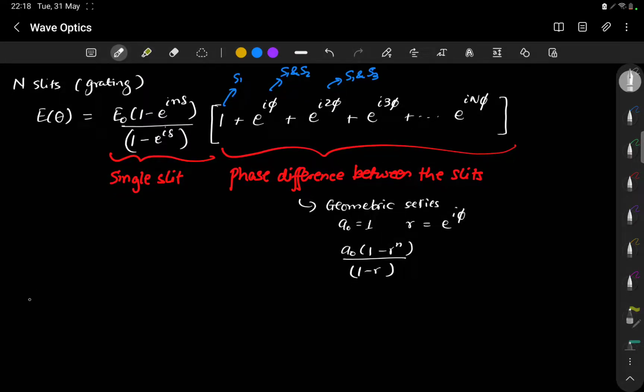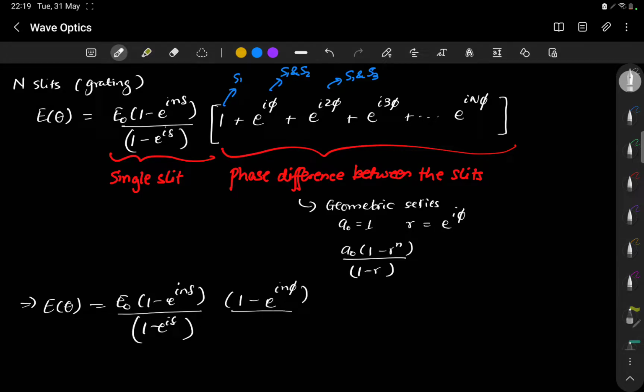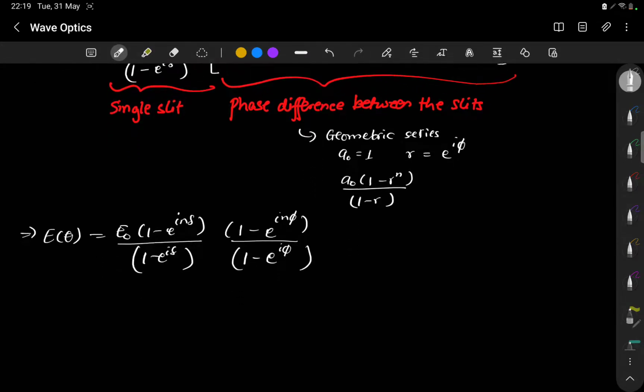So this gives us then finally this is our electric field expression.